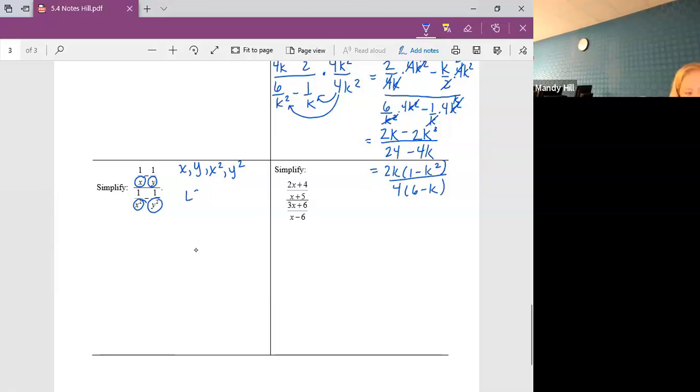So our least common multiple, we wouldn't have any numbers here, but the biggest x I've got is x squared. The biggest y I've got is y squared. So that's going to be what we need to multiply by the top and the bottom, x squared y squared over x squared y squared, because that's going to be our least common multiple.